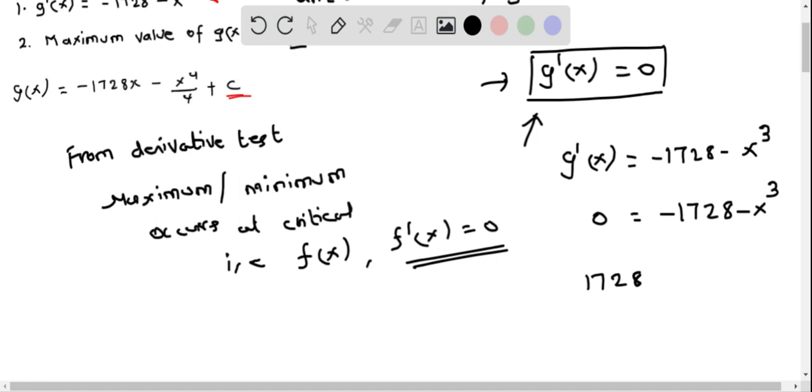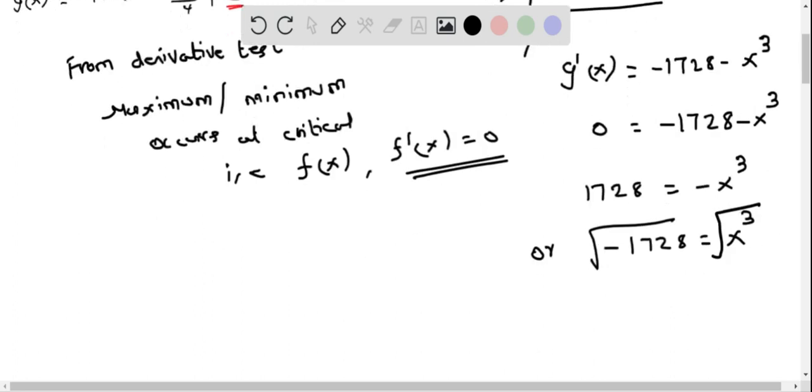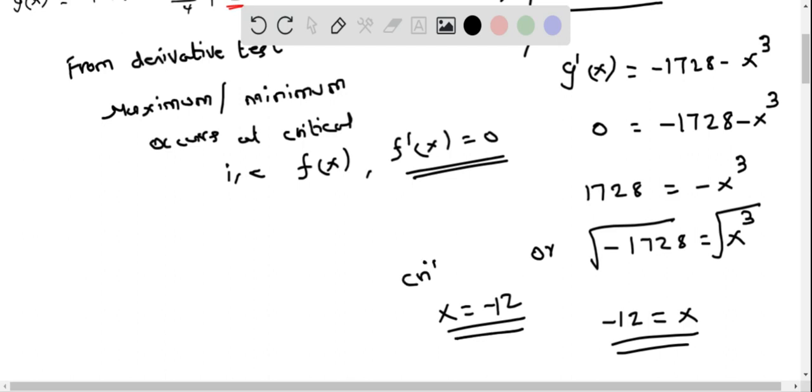So this becomes 1728 equal to negative x cube, or if I divide by -1, I get -1728 equal to x cube. We can take the cube root on both sides. The cube root of -1728 is equal to -12. So the value of x is -12, or otherwise we can say that the critical point of g of x is x equal to -12.